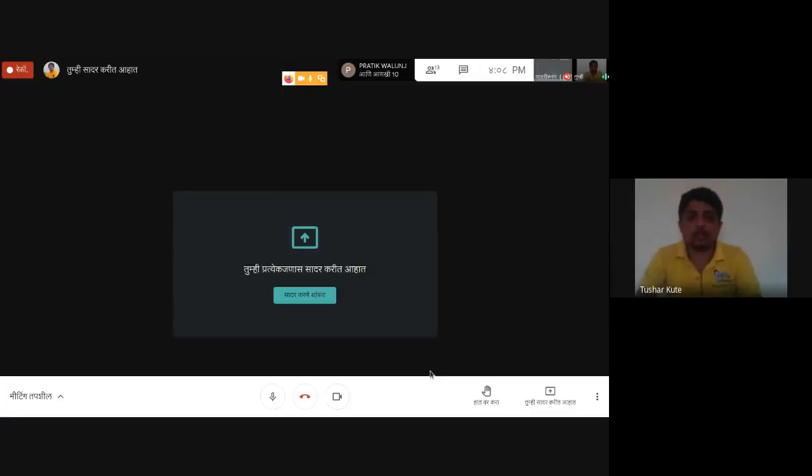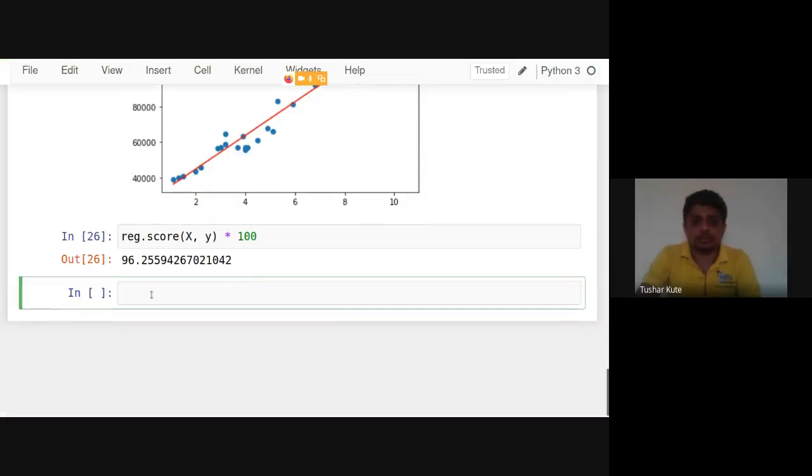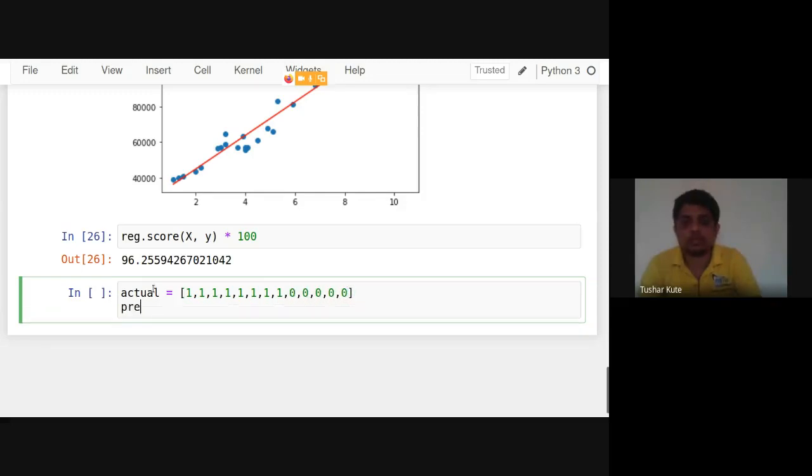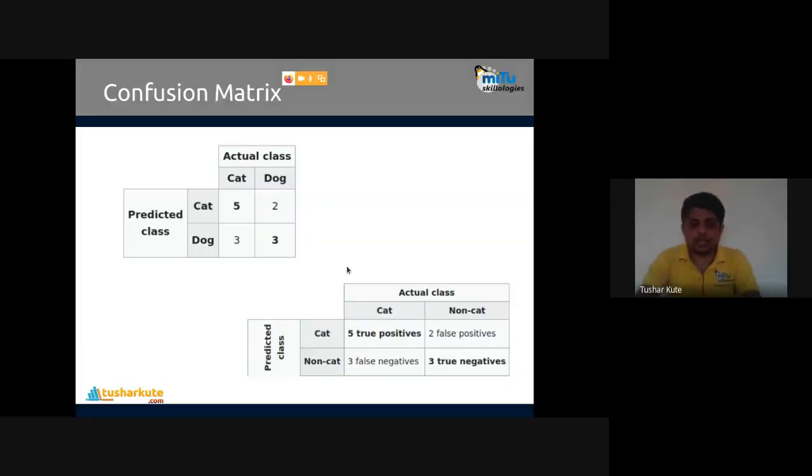Let's see, for example, if I go here in this data. For example, the actual values which we have seen are something like this: 1 1 1 1 1 1 1 1, 2 3 4 5 6 7 and 8, and this one actual, and then we have predicted, for example. Okay, this is the evaluation of classification I'm talking about. This data is presented here.